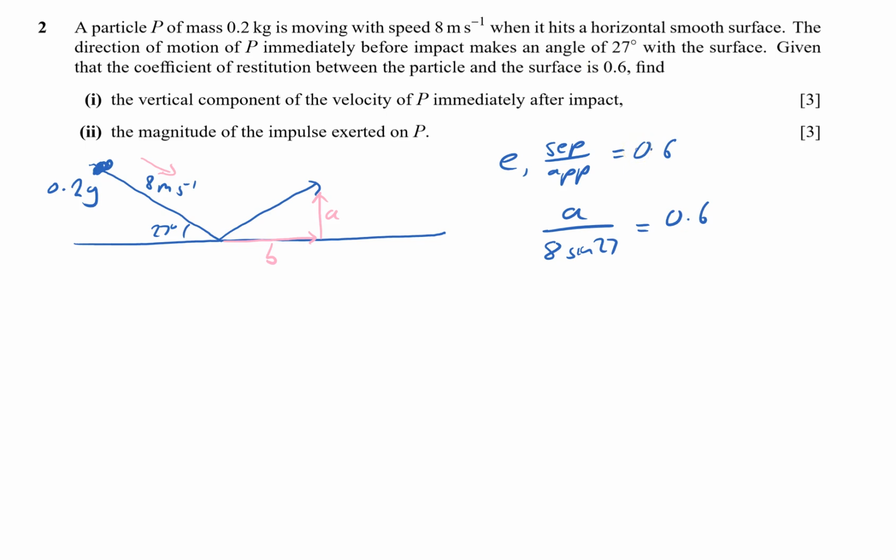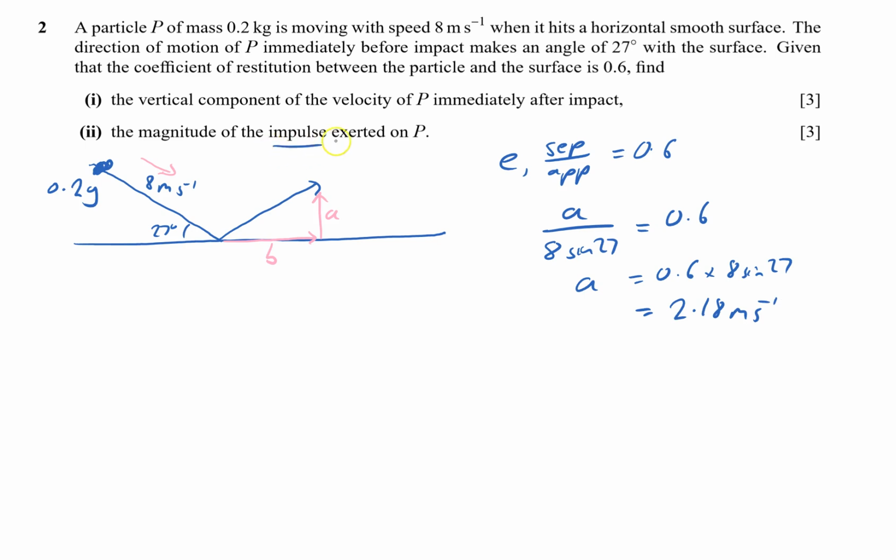Actually there we can work out the vertical component of the velocity immediately after impact. That is all I have to do. It's A equals 0.6 times 8 sine 27, and that equals 2.18 meters per second. That's the first thing done.